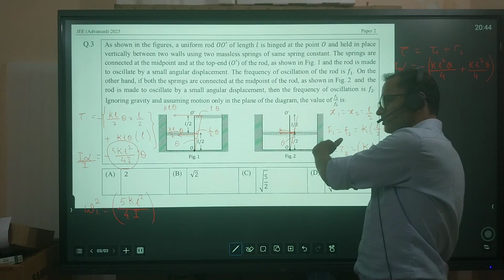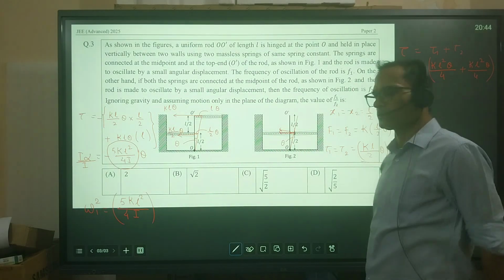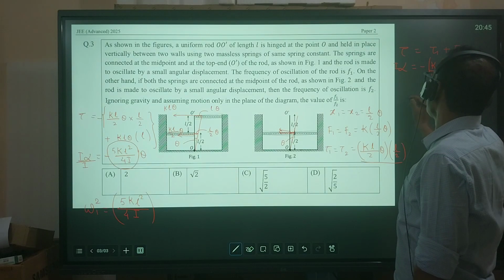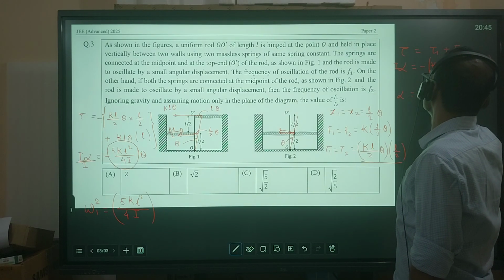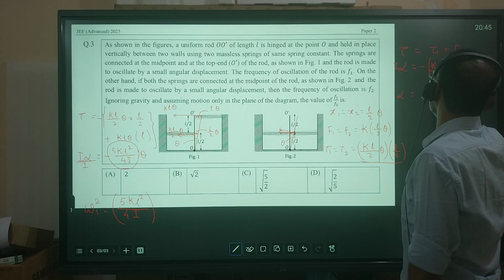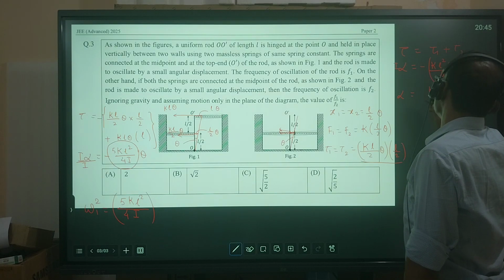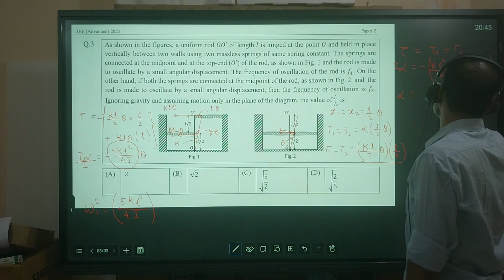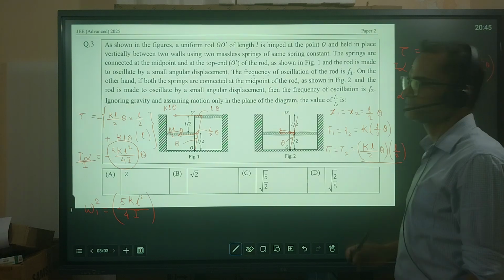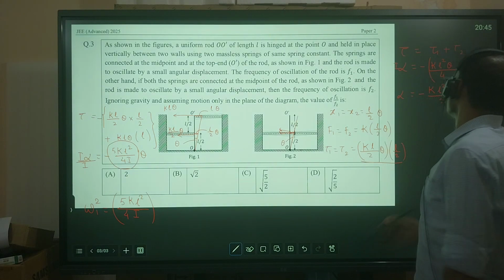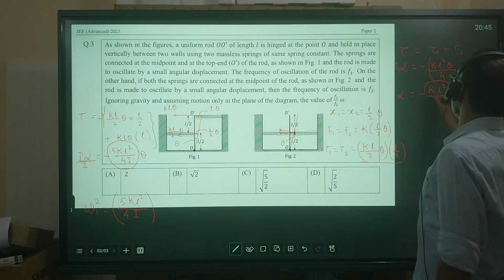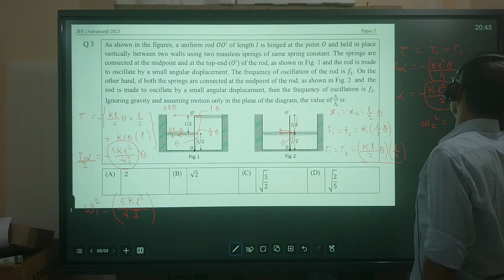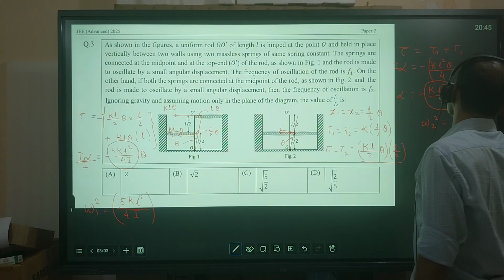The angular displacement was clockwise, but the torque is anti-clockwise. So alpha will become KL square by 2 theta, and don't forget to divide by I. So this whole thing is our omega 2 square, which is KL square by 2I.